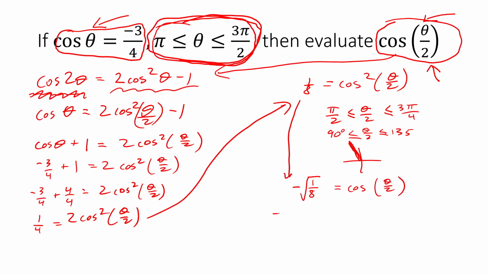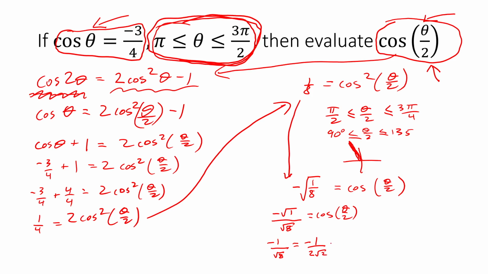So that's like saying negative the square root of 1 over the square root of 8 is equal to the cos of theta over 2. So that's negative 1 over root 8. Now, root 8 is equal to 2 root 2.